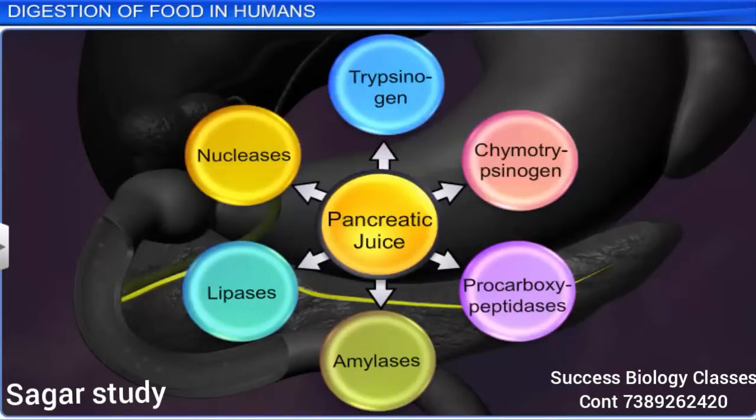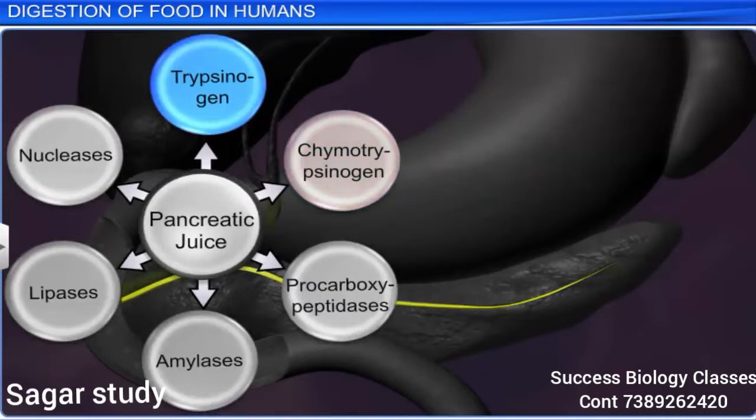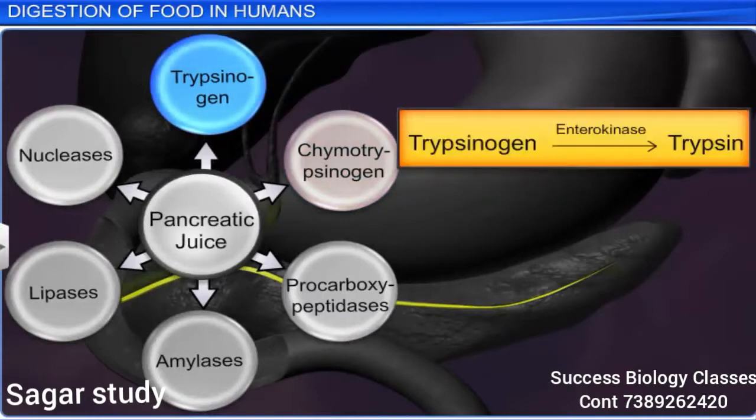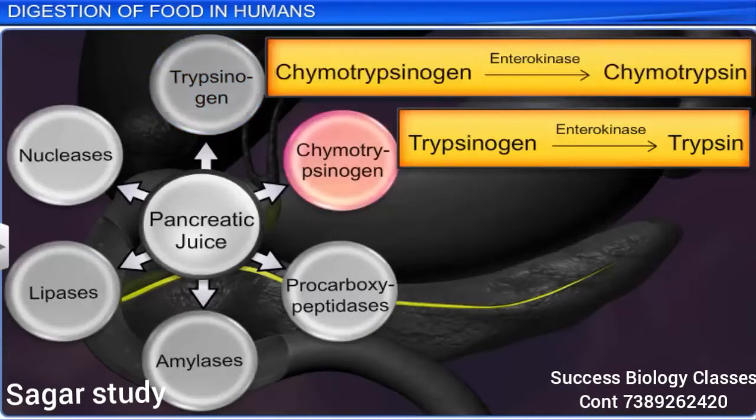These inactive enzymes are activated by trypsin and chymotrypsin, which are produced when enterokinase, an enzyme secreted by the intestinal mucosa, acts on inactive trypsinogen to form active trypsin and also converts inactive chymotrypsinogen into active chymotrypsin.